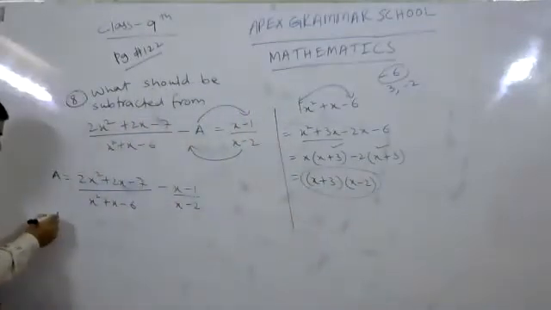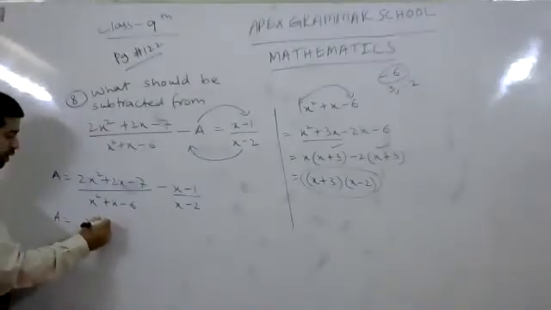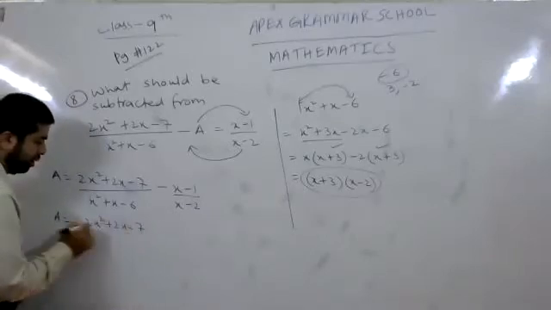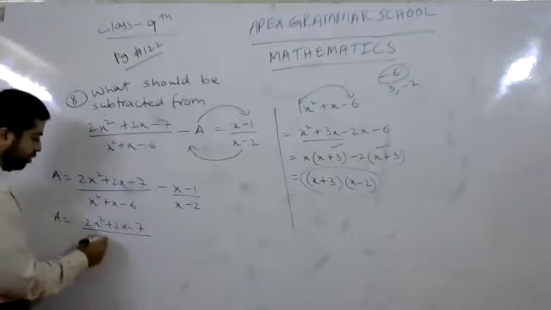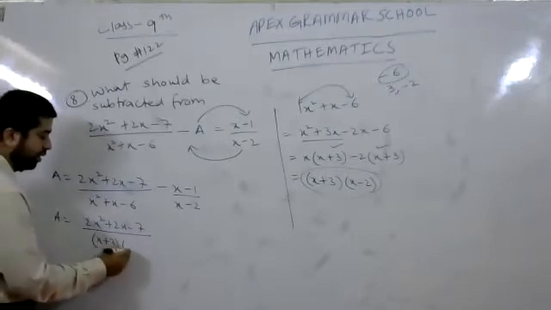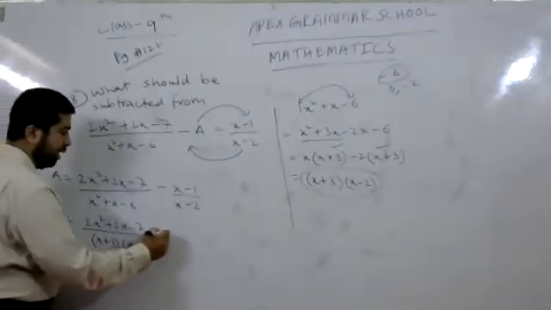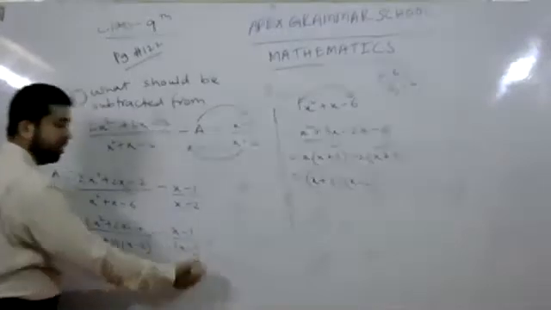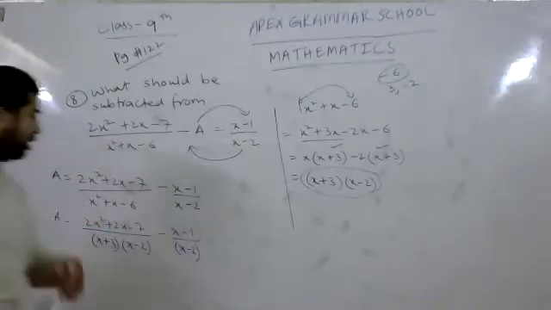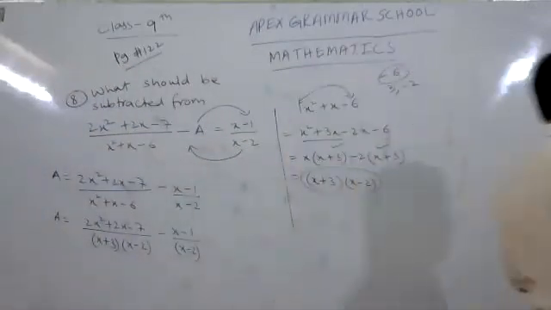So we can write it as 2x square plus 2x minus 7, and in the denominator we have x plus 3, x minus 2, and minus x minus 1 over x minus 2. Now we can easily make the LCM of it.